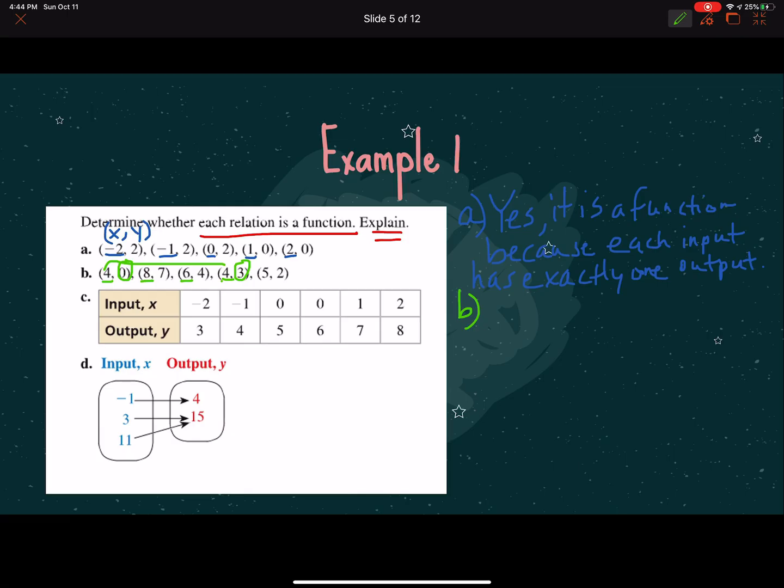No. So to answer example B, we're going to say no. The relation, and I'm just trying to come up with a different way to state the same information. So no, the relation is not a function.